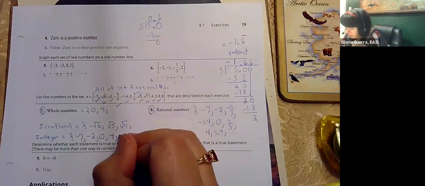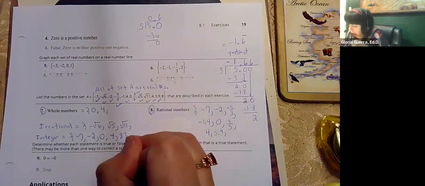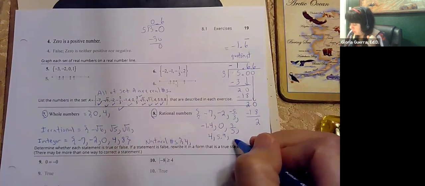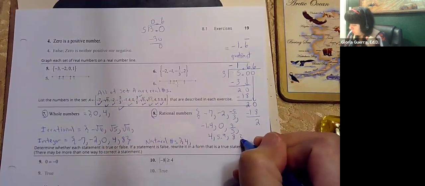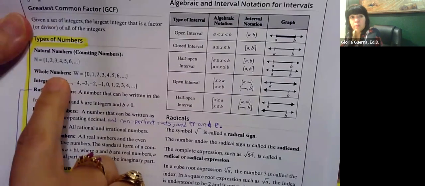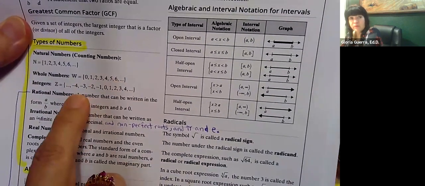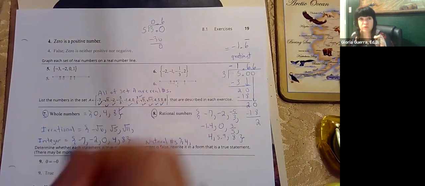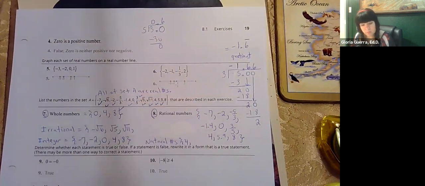So I'm going to put 8 here as an integer. I'm also going to put 8 here as a rational number. And 8 is also a whole number. See that? Whole number. Okay, I think I got all of them.